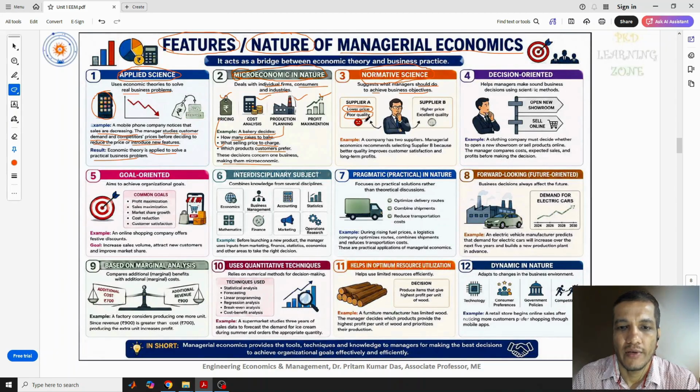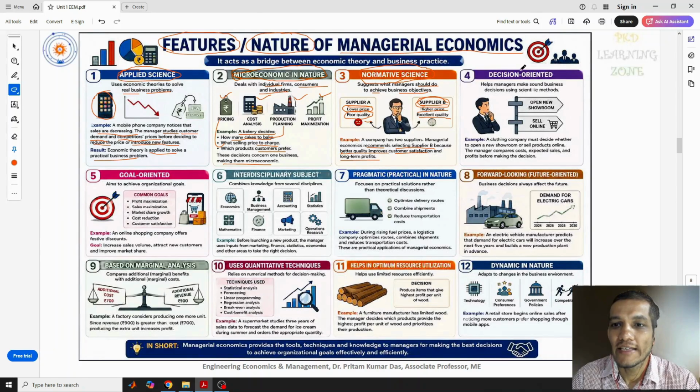But supplier B has a higher price but excellent quality. Between the two suppliers, they need to decide, and managerial economics recommends selecting supplier B, because while you do business, the quality needs to be maintained. Better quality improves customer satisfaction, and we can plan for long-term profits.